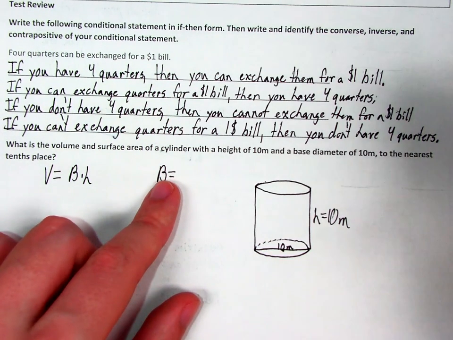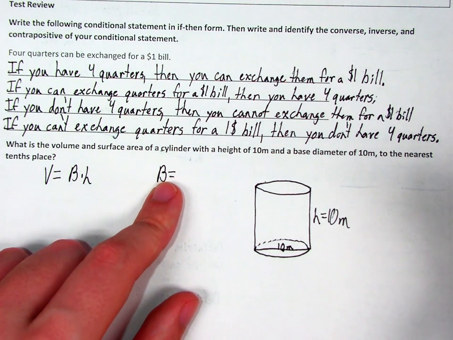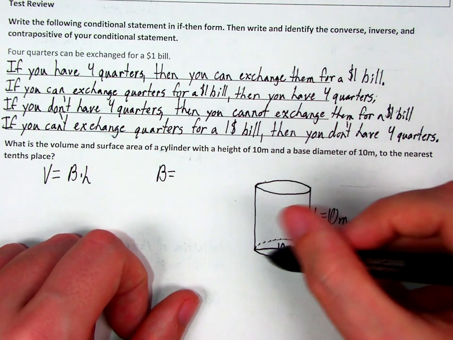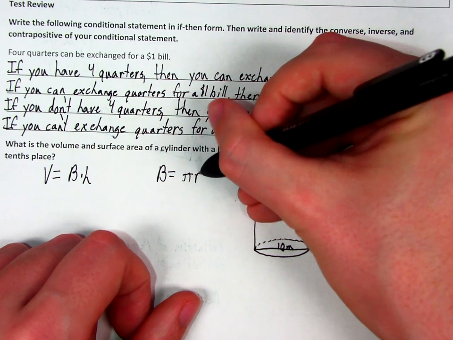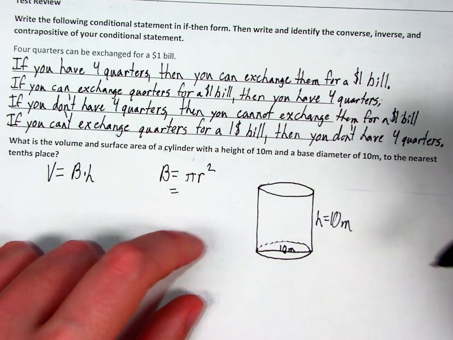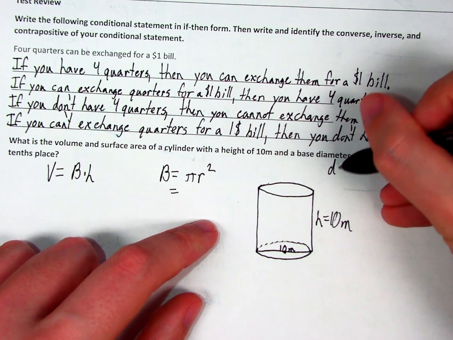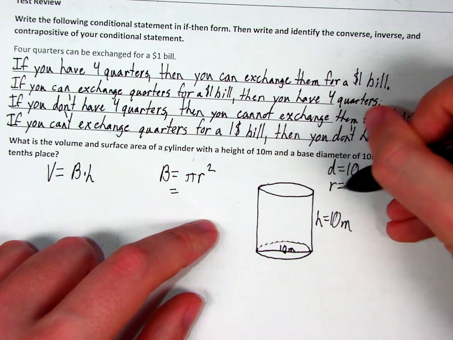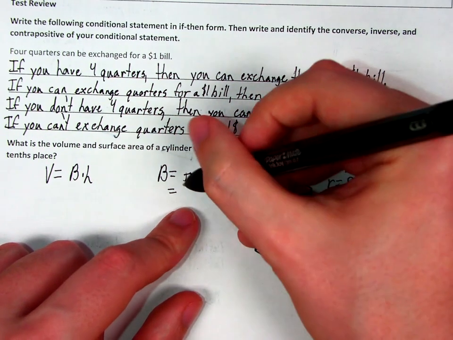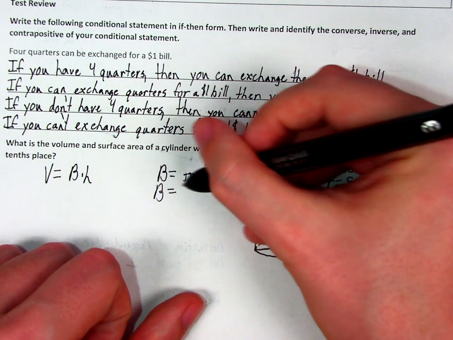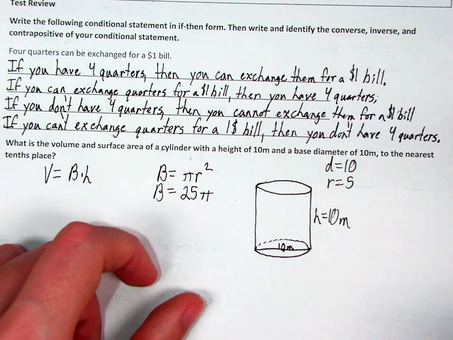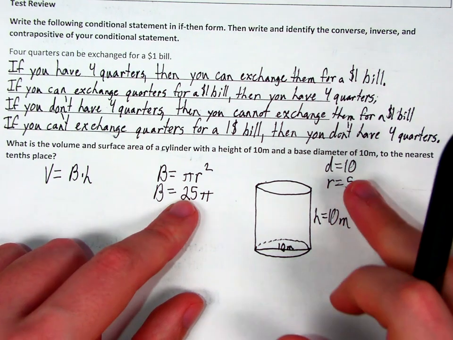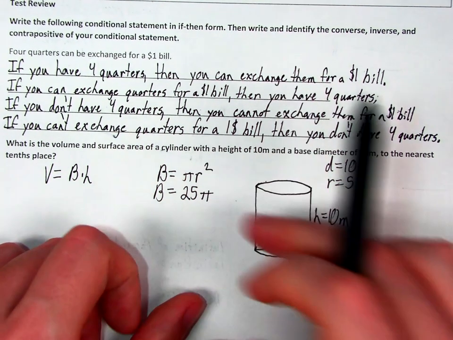B being the area of the base, it's going to be the area of the circle here. Area of a circle is pi r squared. Since our diameter is 10, we know the radius is 5, so we'll have a base area of 25 pi. 5 squared times pi.